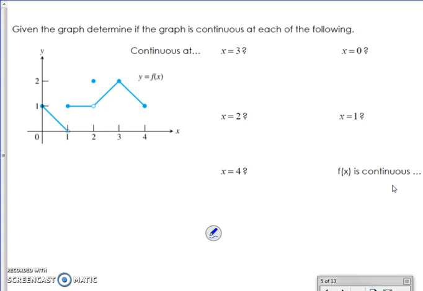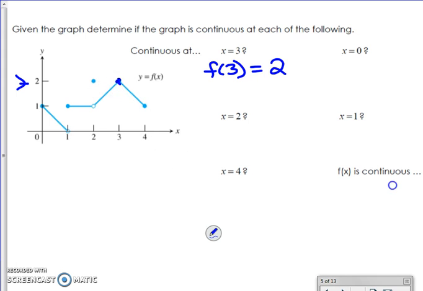So here, at x equals 3, if I'm on this graph and I'm coming from the left and I'm coming from the right, I approach the same number there. It looks like it's going to be a y value of 2. So here, yes, it exists, and it is 2. So we would say f of 3 equals 2. Why? Because notice it's a closed circle there.